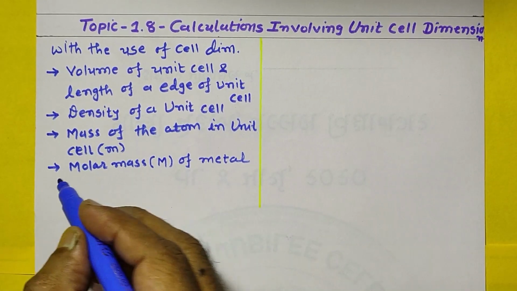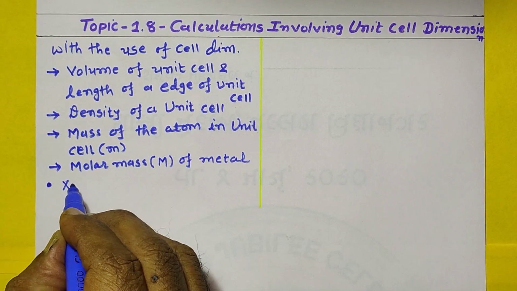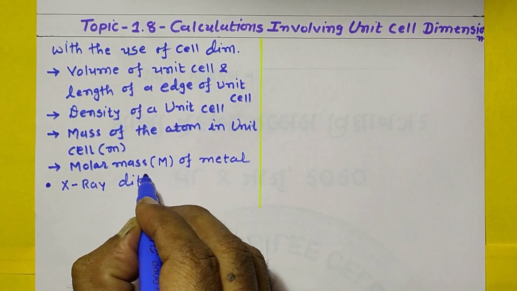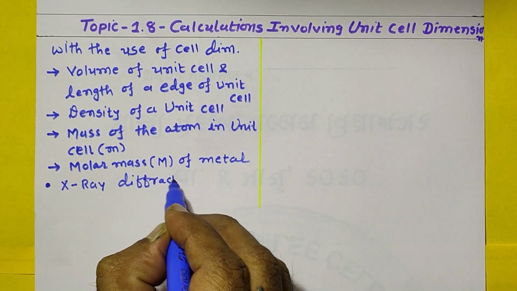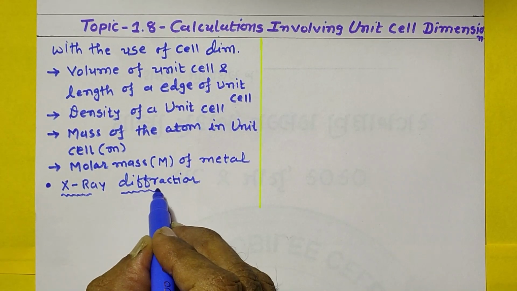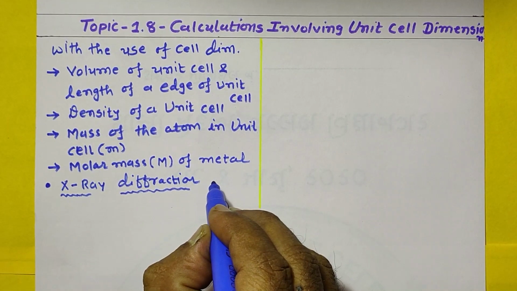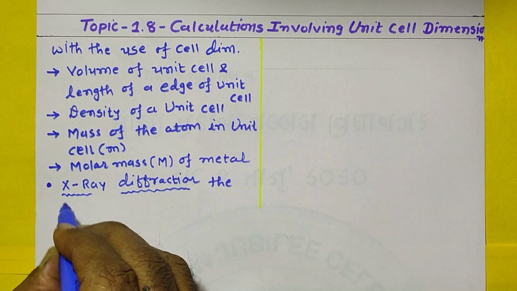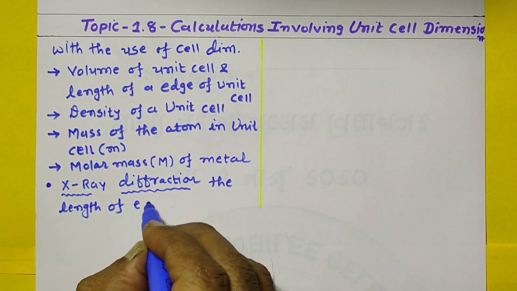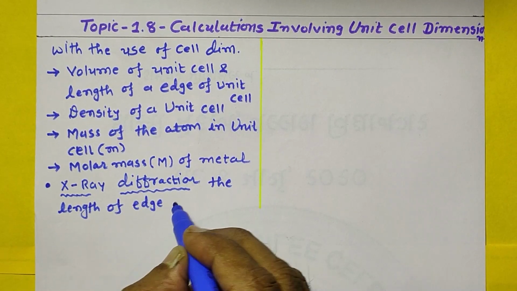Now, one technology is known as X-ray diffraction. With the use of X-ray diffraction technology, the length of edge of unit cell is calculated.